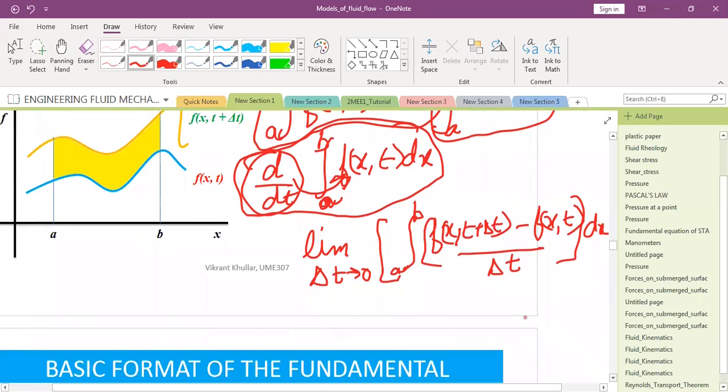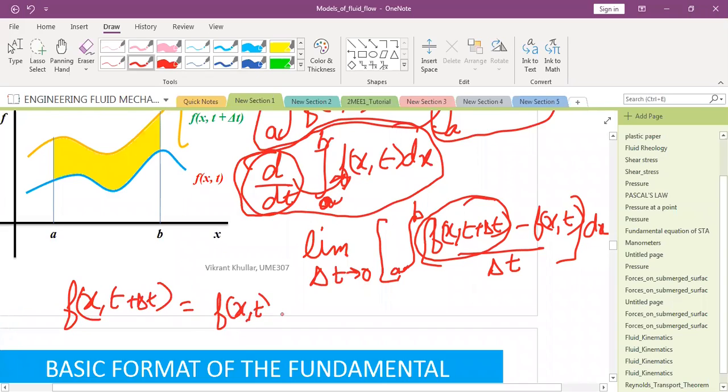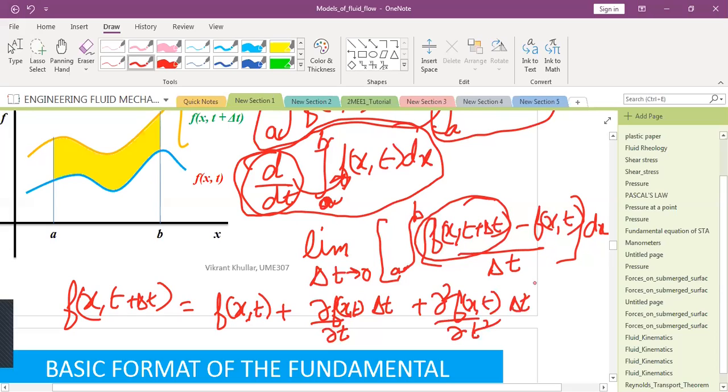Any doubts? Now by Taylor series expansion, what do you know about this term? f(x, t plus delta t) is equal to f(x,t) plus curly f by curly t delta t plus curly square f by curly t square delta t square by 2 factorial.